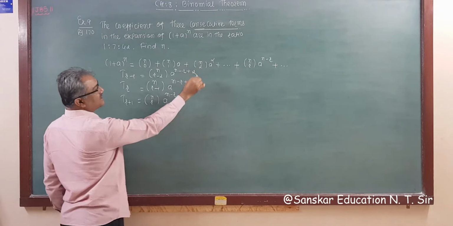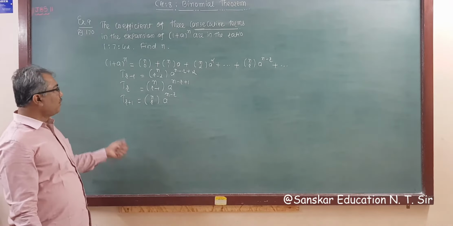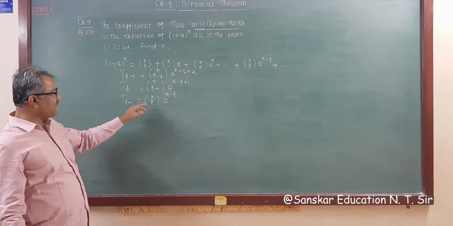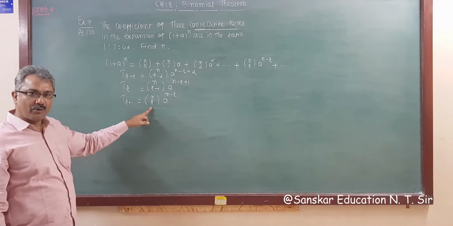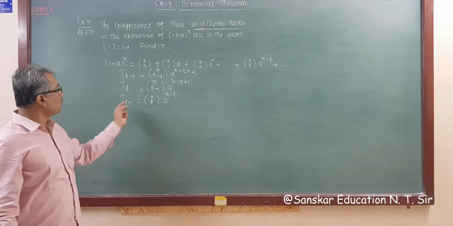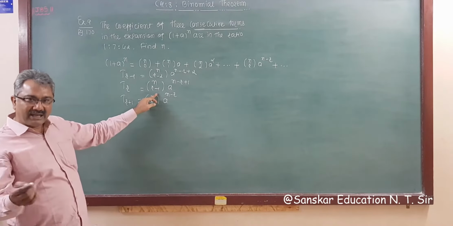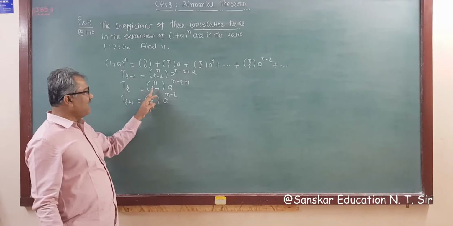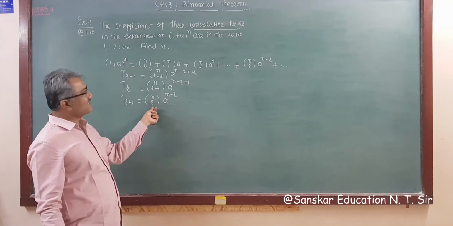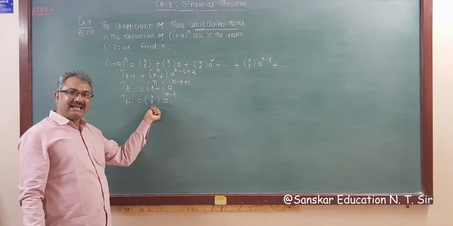These are the terms. Means the coefficient of the (r+1)th term is nCr. Got it? The coefficient of the (r+1)th term is nCr, and the coefficient of the rth term is nC(r-1), one r less.